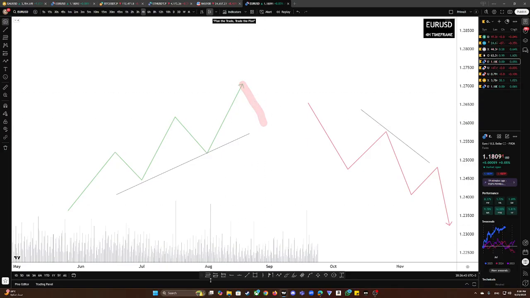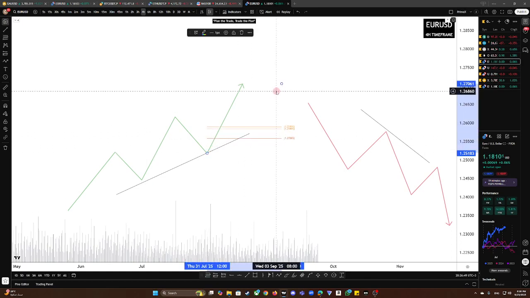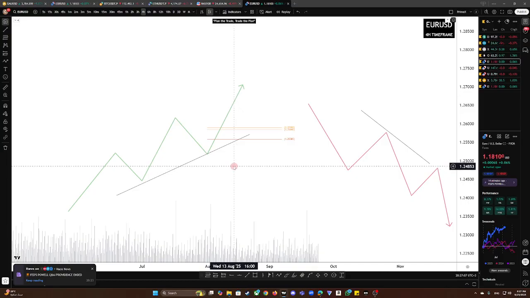In this scenario, you can pull your Fibonacci tool from the low to the high in a bullish trend, and vice versa in a bearish trend. We will cover it right now, but in a bullish trend you pull your Fibonacci from low to high, and after you pull it from low to high, this is what you get.